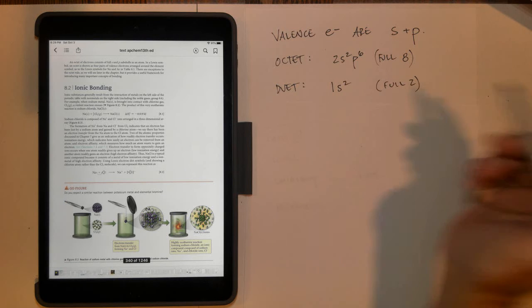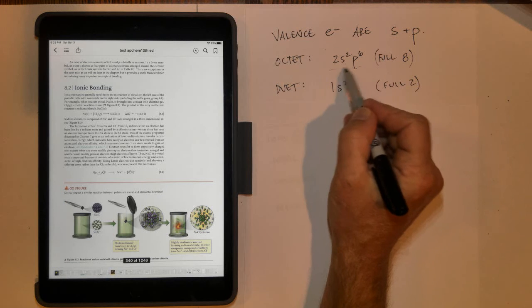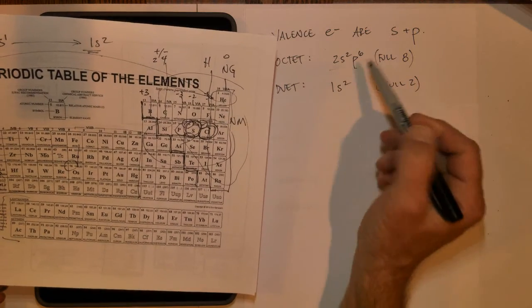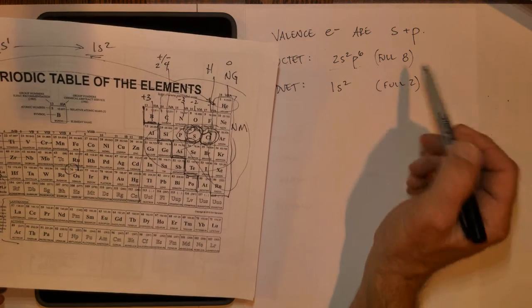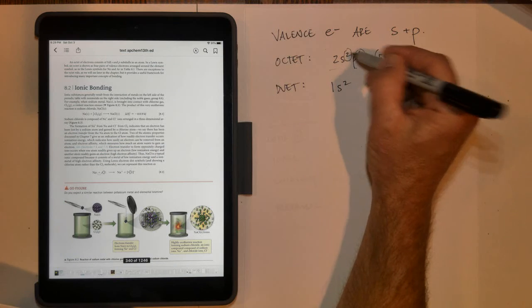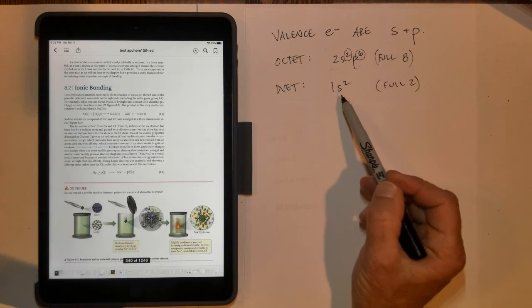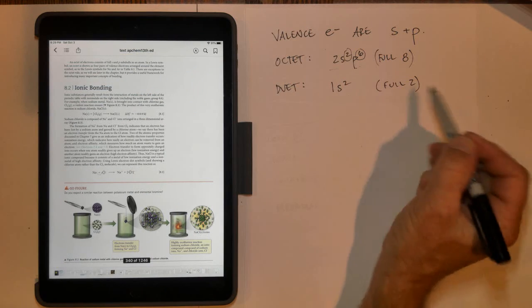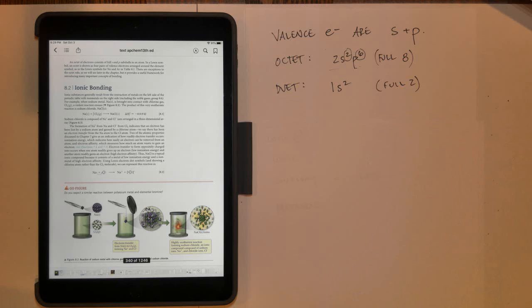And of course, this would be an example of an octet of electrons in something like neon, or maybe some ion that gained electrons to look like neon. And that would have a full 8 electrons right here, because 6 plus 2 is equal to 8. An example of a duet would be helium's electron configuration, 1s2, a full 2 electrons around it.